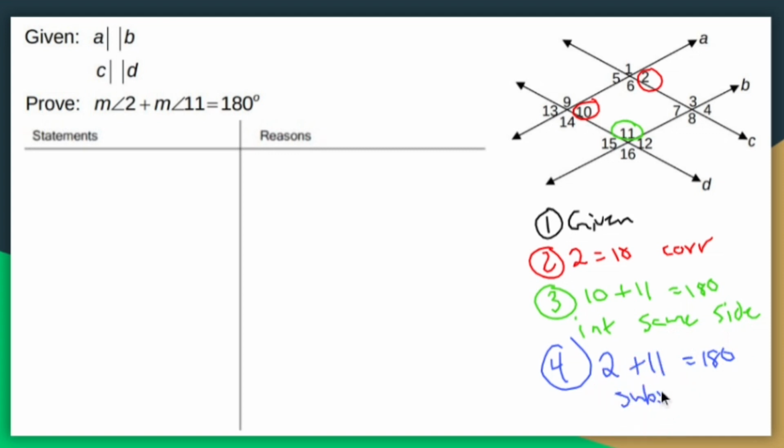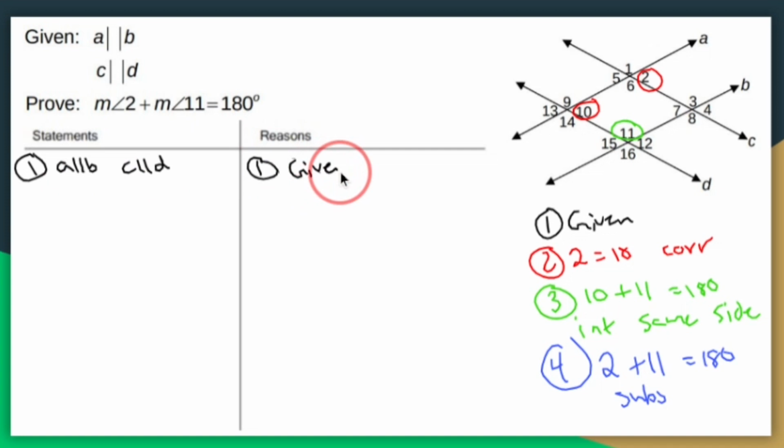I'm done. All right, so I am going to now complete this two-column proof with this information and make it look a lot prettier, and of course, using all the appropriate symbols, because in my rough draft, in my mind, I don't really care about the symbols as long as I know what I'm doing. So A is parallel to B, C is parallel to D, and the reason for that is because it's given.